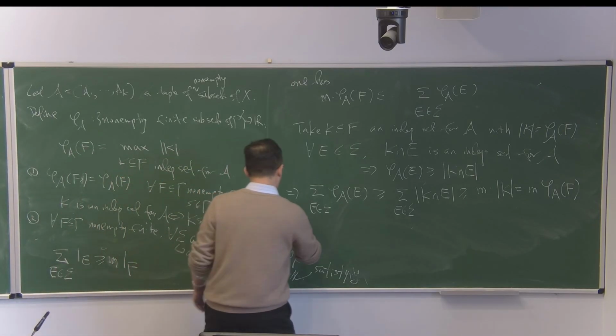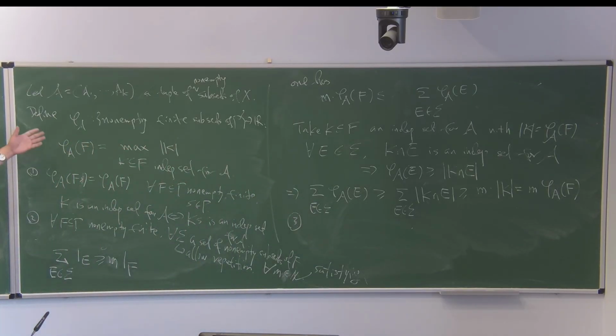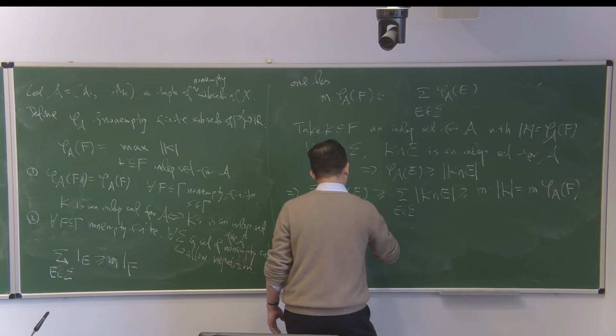Once we have the two properties, the main consequence of it is that the limit of this value divided by the size of F along the Følner sequence will converge. Actually, more than that, it converges to the infimum.